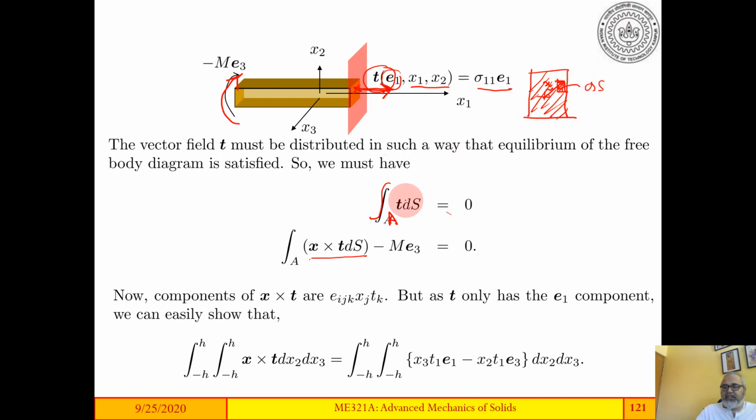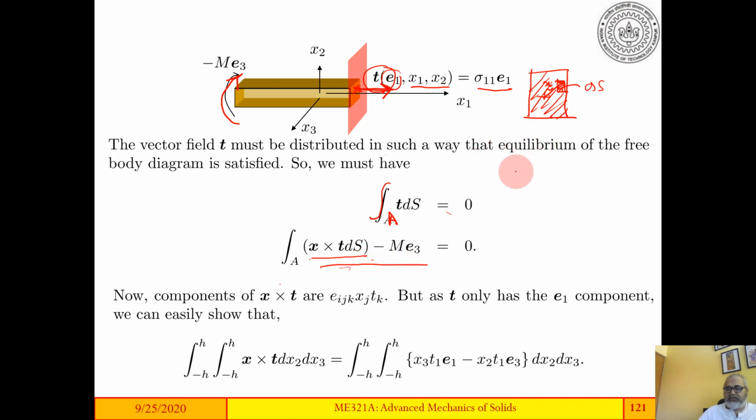Integrated over the cross section area, it is the total moment of this distribution of forces, and that has to balance M e3. This is the moment balance equation.